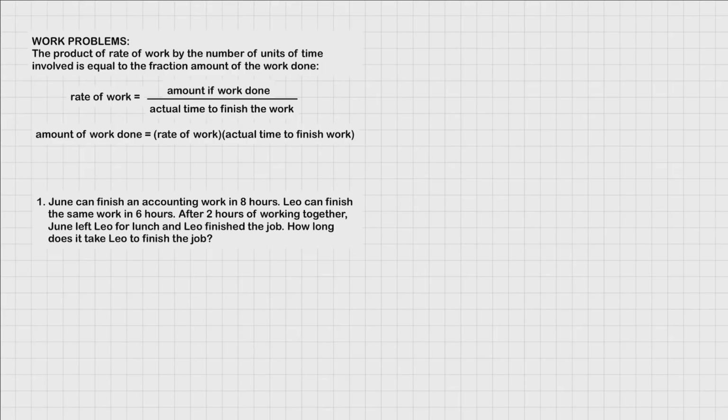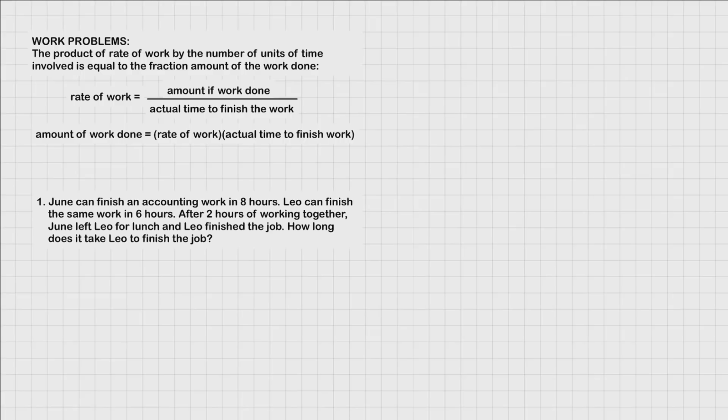So the next type of word problem we're going to tackle is work problems. Work problems generally involve the portion of a job that a person can do in a given amount of time. Fractions play an important role in this type of problem. Work problems are similar to motion problems since they involve some sort of rate, right?